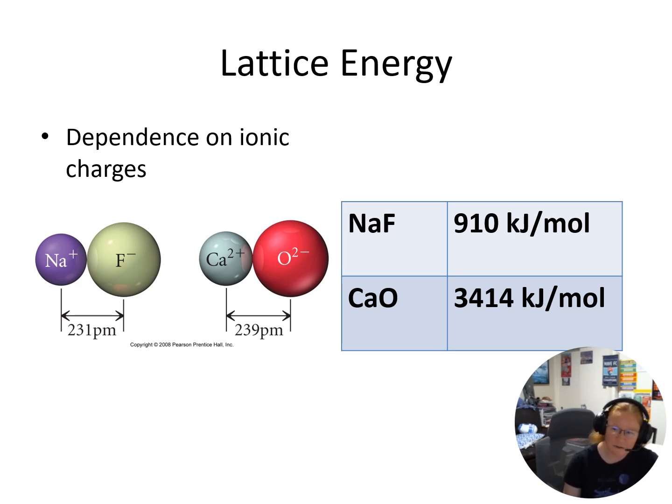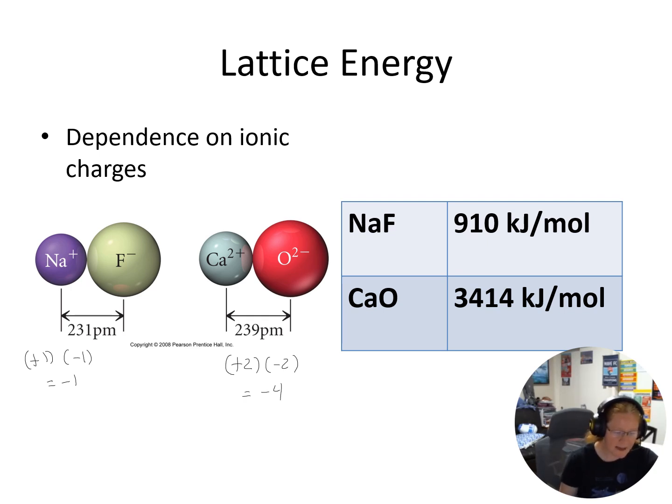Coulomb's law looks at both the distance and the product of the charges. For sodium fluoride, I have a +1 times a -1 for an overall -1. But for calcium oxide, I have a +2 times a -2 for an overall -4. That's a significantly higher charge.